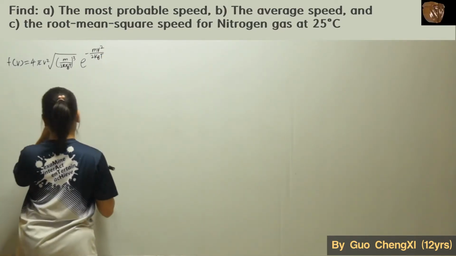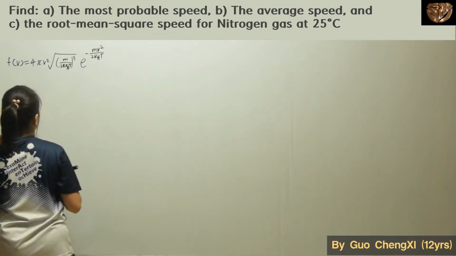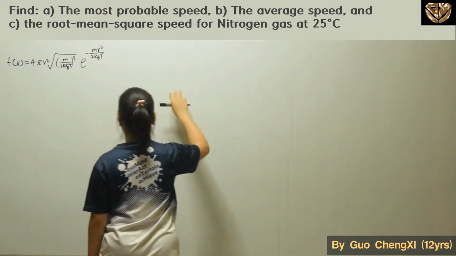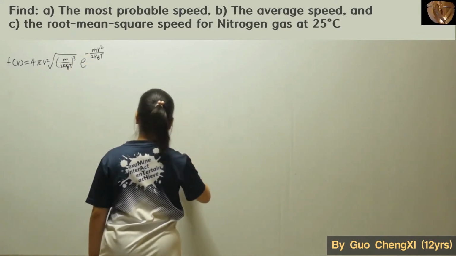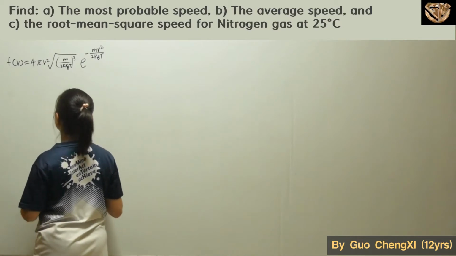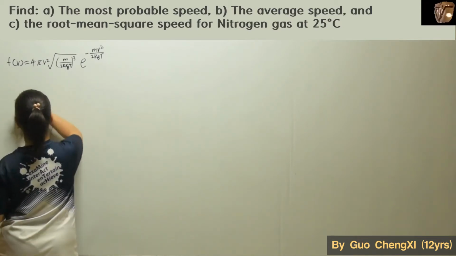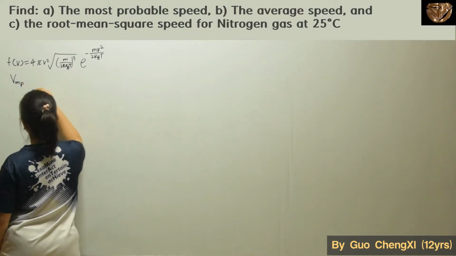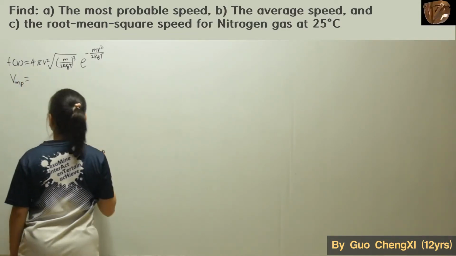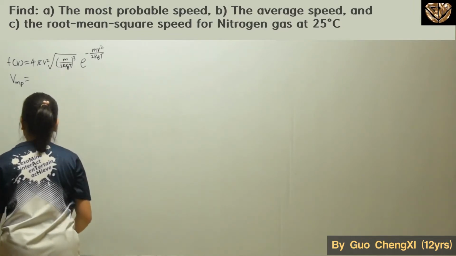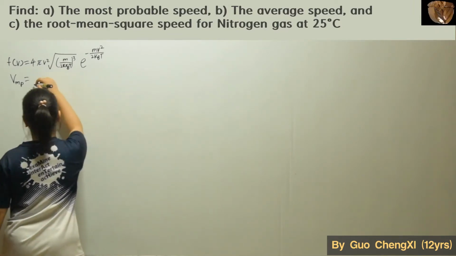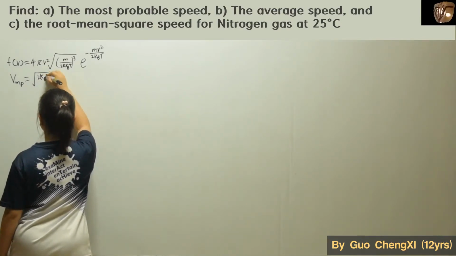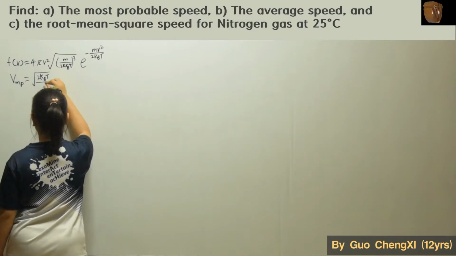Then from the lesson before last lesson, we need to know what the most probable speed, the average speed, and the root mean square speed are. The most probable speed, written as v_mp, is the square root of 2 kB T over m.